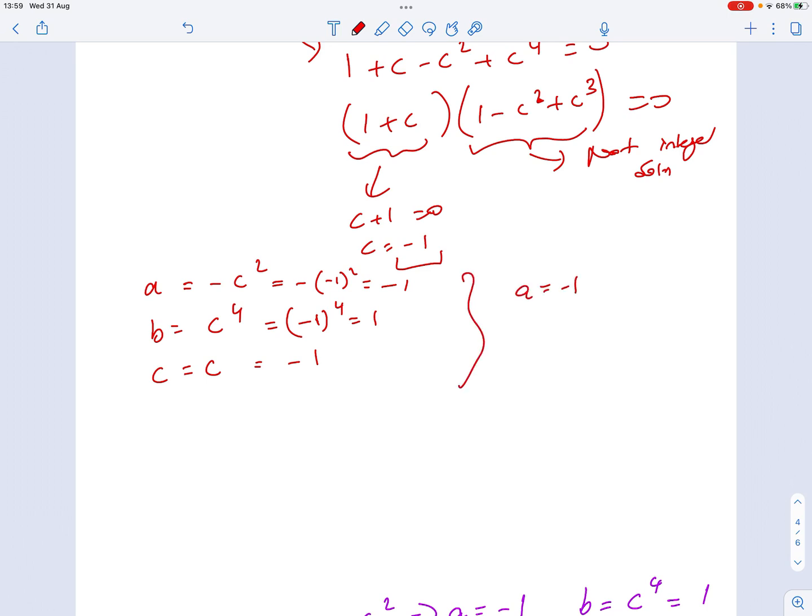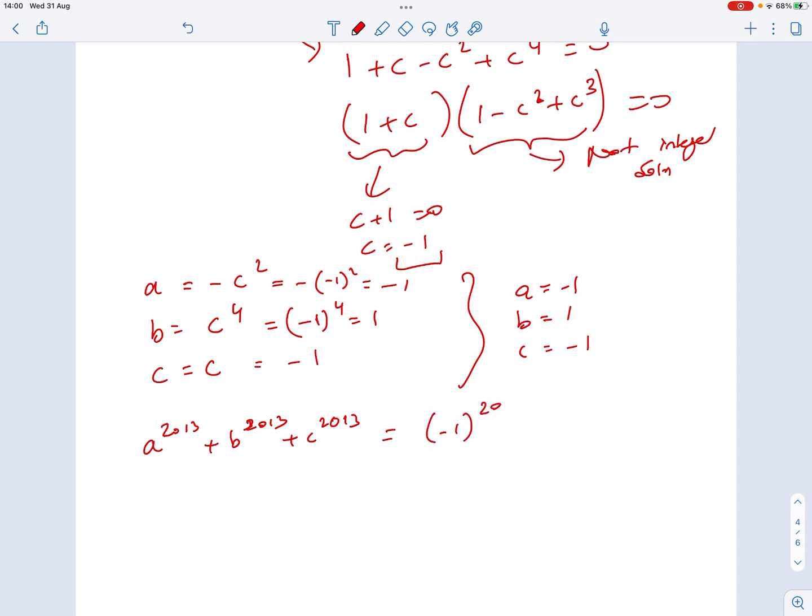Okay, so a is minus 1, b is 1, c is minus 1. And we wanted to find a to the power of 2013 plus b to the power of 2013 plus c to the power of 2013. Okay, what does that give us? Well, if we sub in a, which is minus 1 to the power of 2013, that is minus 1, is an odd power, plus b to the power of 2013, which will give you plus 1.